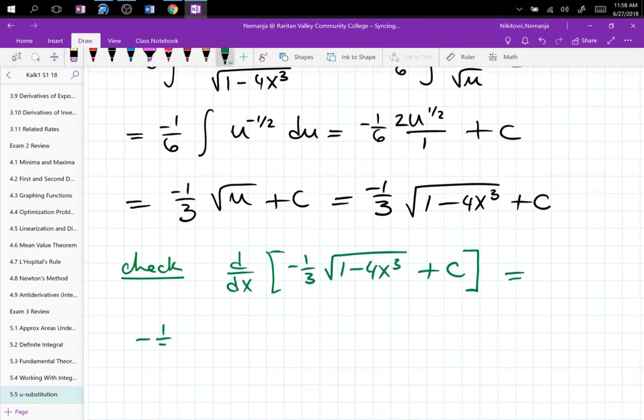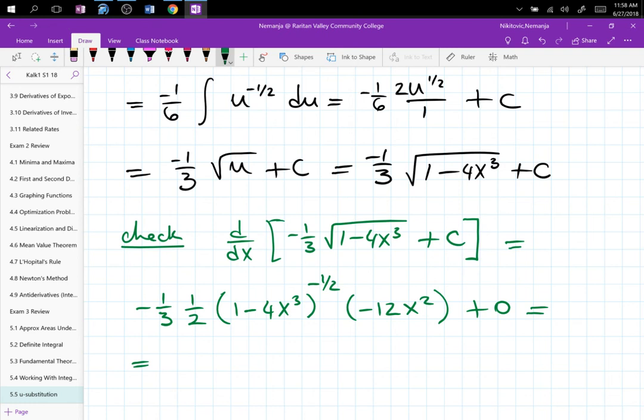Copy -1/3. The derivative of this square root is 1/2, and then 1 minus 4x cubed to the -1/2 times the derivative of the inside, which is -12x squared, and then plus 0.